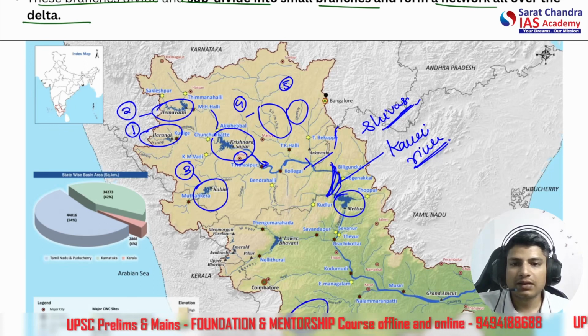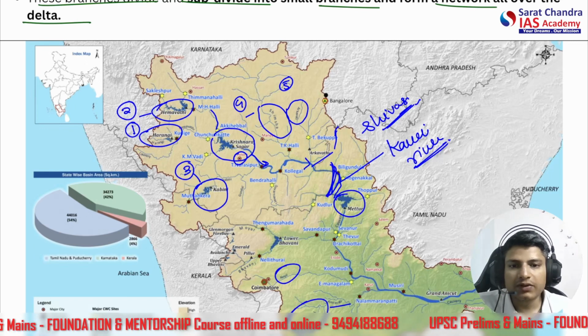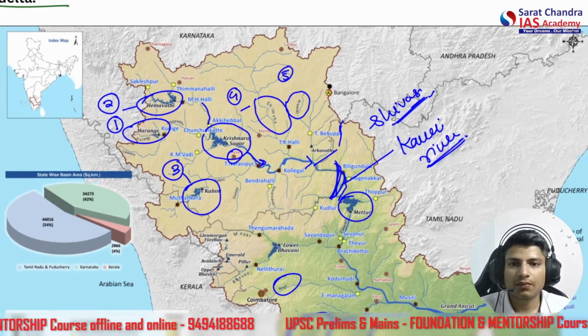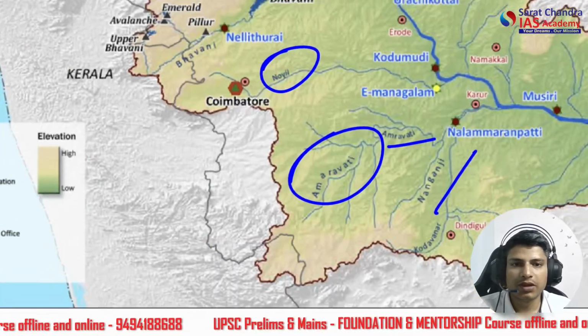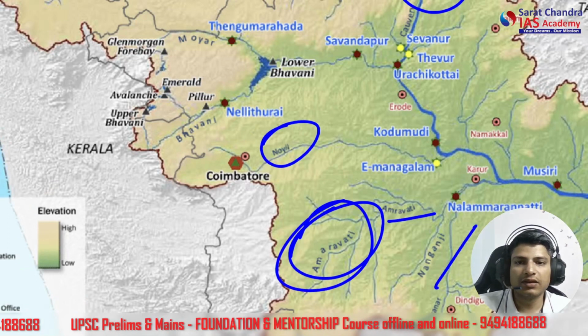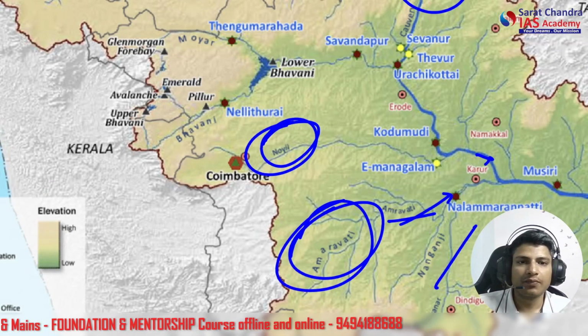Alright, Noyyal, this is the Noyyal, and then this is another river. Just a second, I'll zoom it in. Now you will be able to see very clearly. This is the Amravati river here. Alright, this is the Noyyal river here. So both of them are going into the Kaveri ultimately.